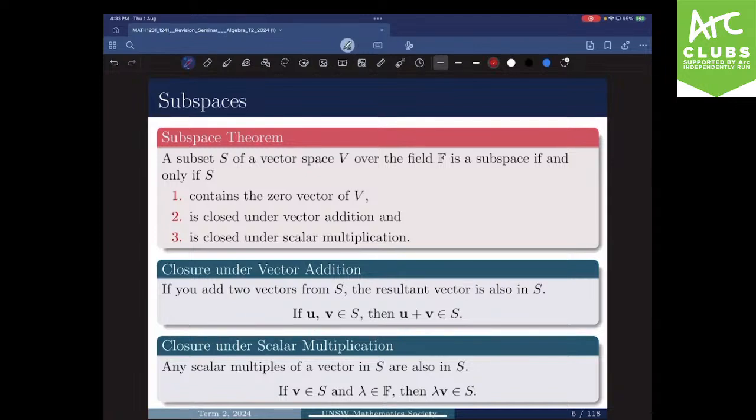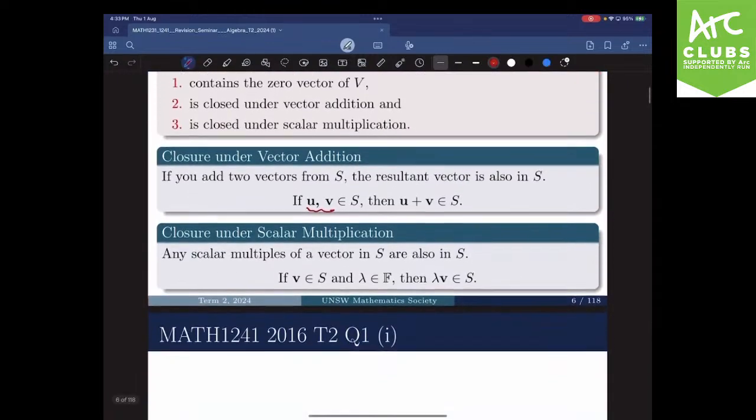Closure under vector addition is when for any u and v in S, we have u plus v in S. Closure under scalar multiplication is when, if we have a vector v in S and lambda in our field F, then lambda v is in our subspace S.